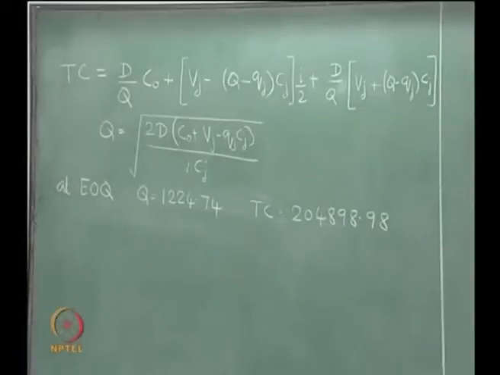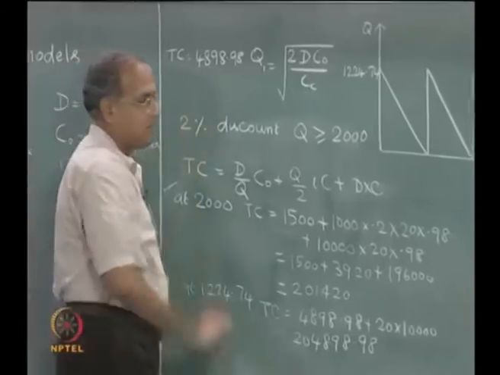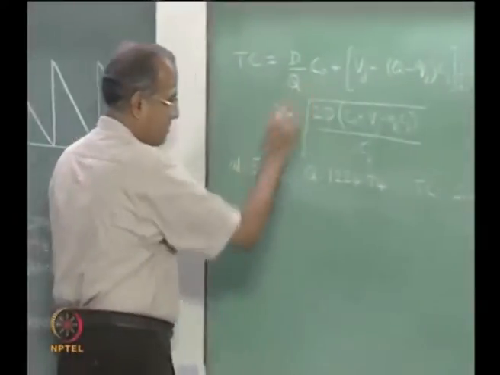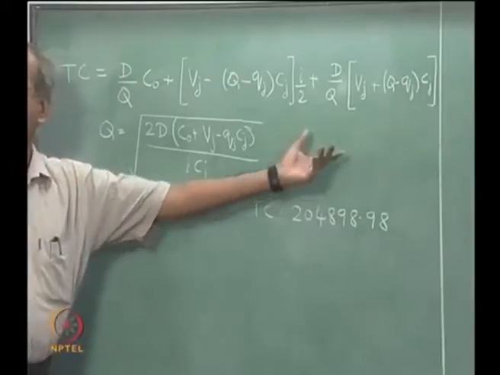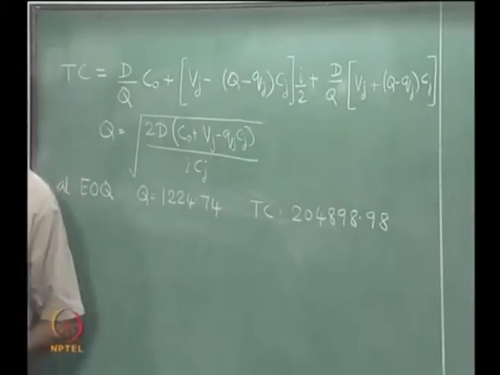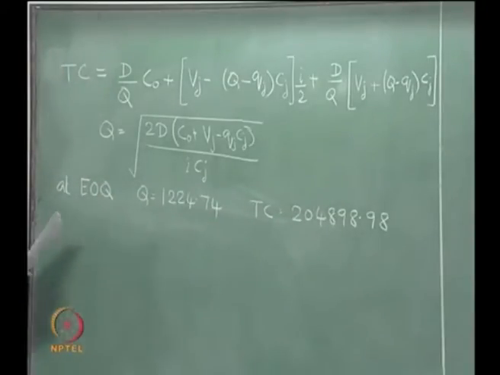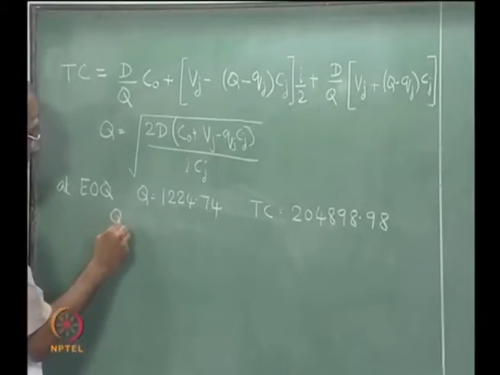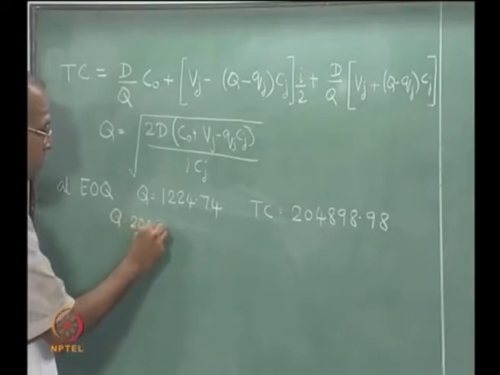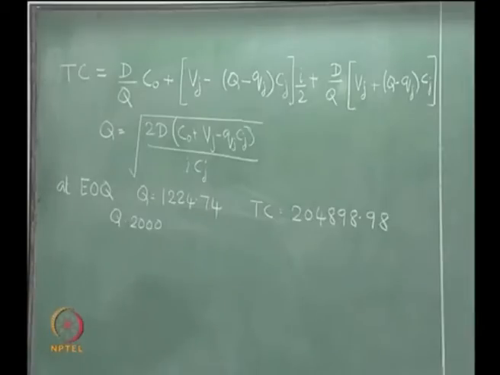There is no discount. So, 4898.98 comes from here. The cost of the item is 200,000. So, 204898.98.